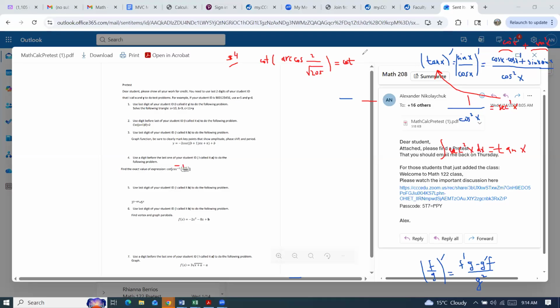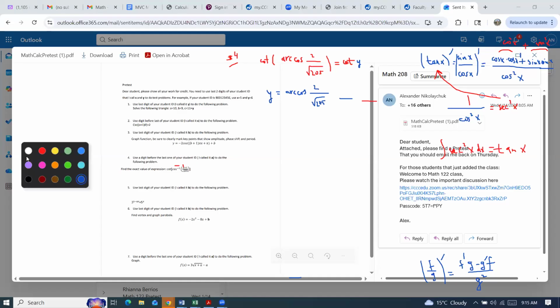the standard way is to call this arc function y. So my function y will be arc cosine of whatever we have here, 2 over square root. Okay. So now, of course, I want to get rid of that annoying arc function.